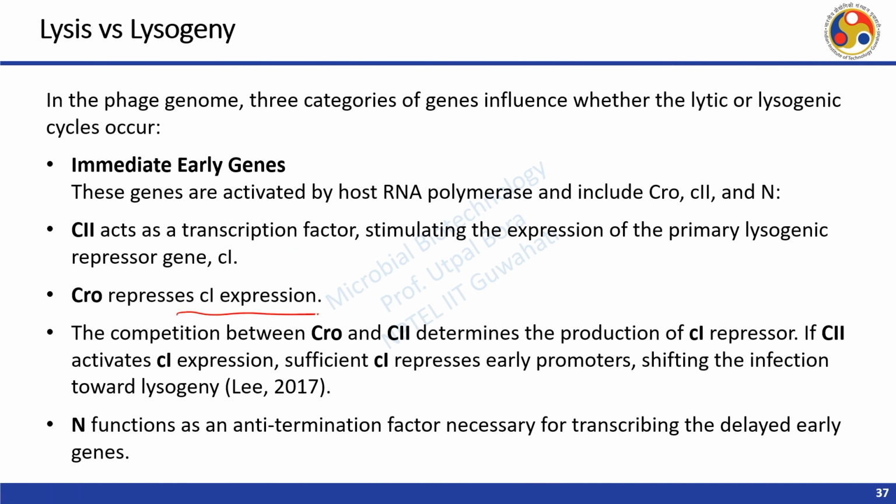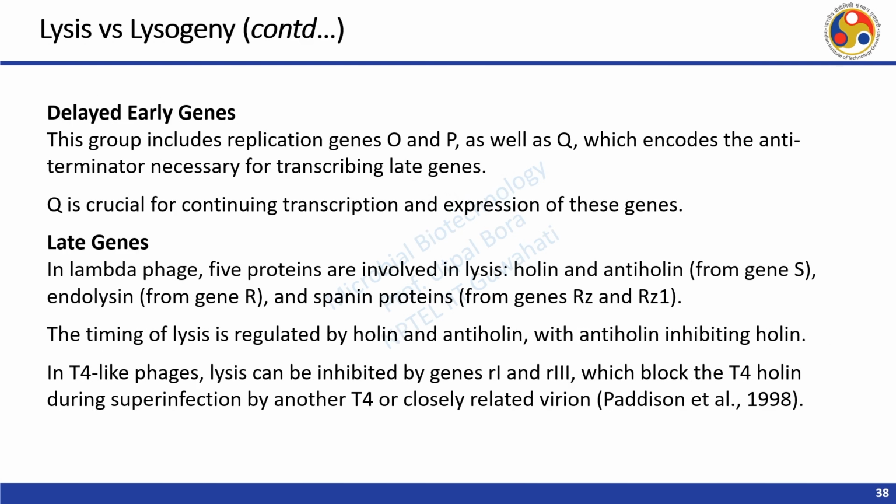CRO represses the CI gene expression. The competition between CRO and CII determines the production of the CI repressor. If CII activates CI expression, sufficient CI represses early promoters, shifting the infection towards lysogeny.